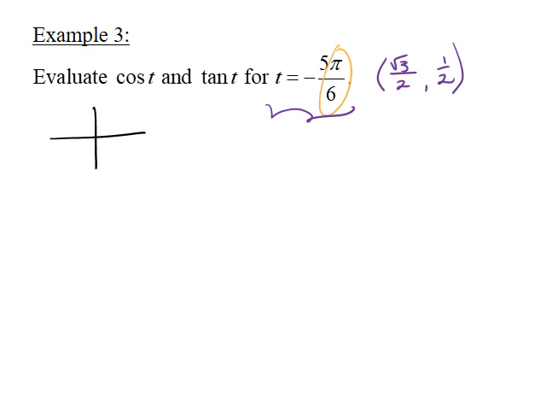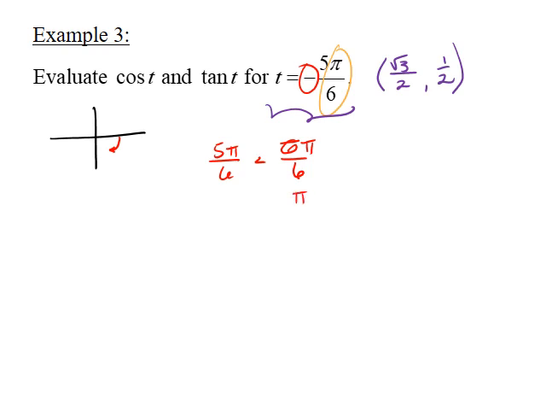Pay attention because we have a negative value here, which means we are going to be traveling in the clockwise direction. And 5 pi over 6 is not quite 6 pi over 6, which is just pi.